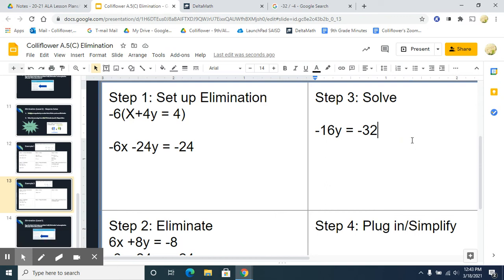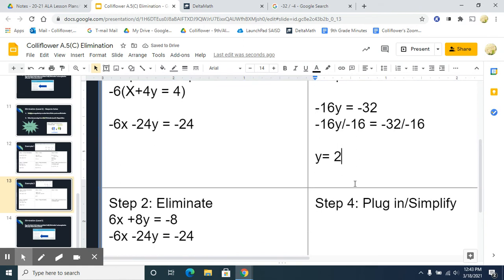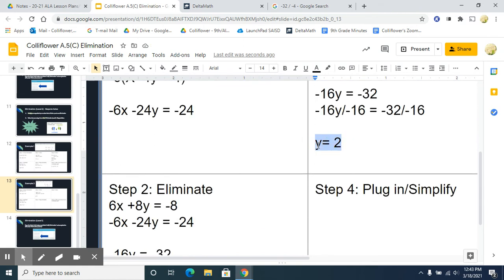All I need to do is divide both sides by negative 16. So now I know that y is equal to 2. I'm going to plug in and simplify.